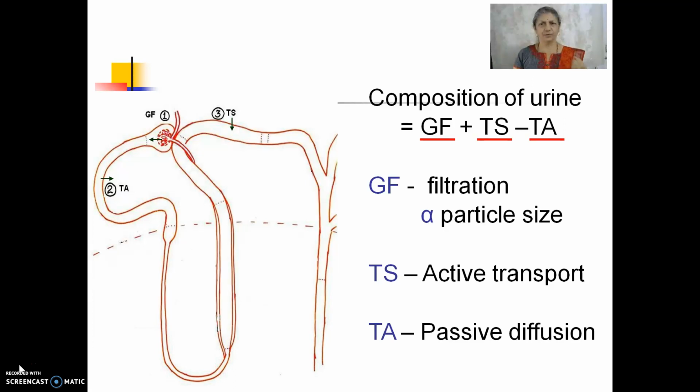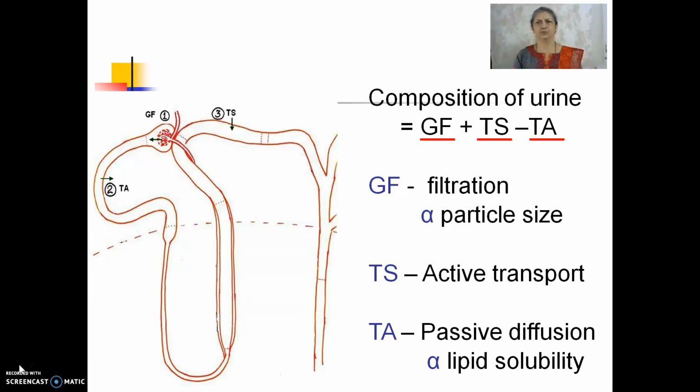For getting removed from this filtrate, we discussed 99% of filtrate is reabsorbed. 98% occurs by passive diffusion, just diffusing back across the walls of the renal tubule into the circulation. And this again is possible only for lipid-soluble drugs. Lipid-insoluble drugs, once filtered, cannot come back.